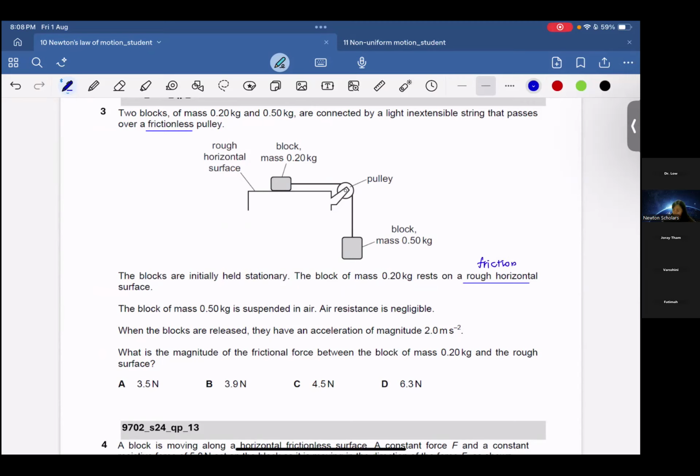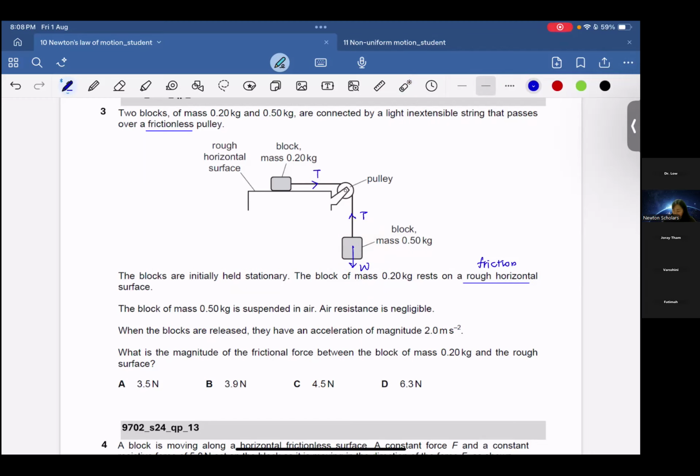Looking at these objects, 0.5 kg and 0.2 kg, of course this one is heavier and will pull it down. So the weight here will be greater than the tension. The force in the string we call tension, and the tension at any single point in the string will be the same.